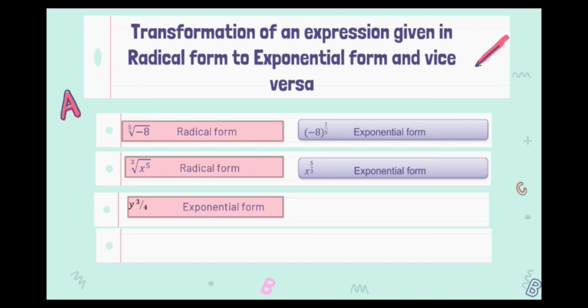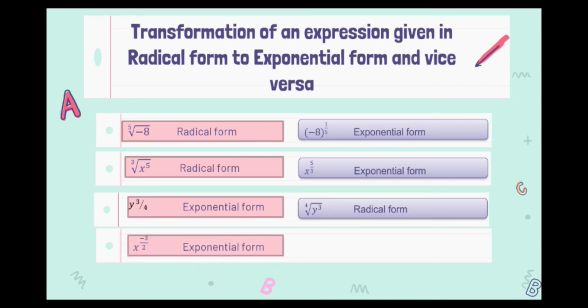The next value is y raised to power 3 by 4. It is the exponential form and its radical form is fourth root of y cube. We write the denominator value as an index and the numerator value as an exponent.